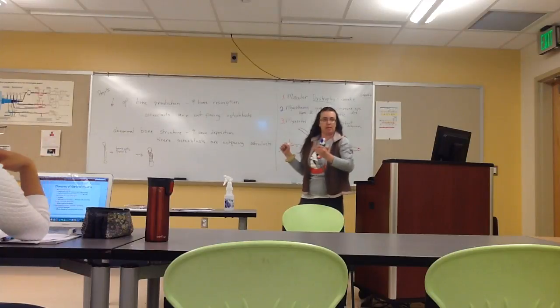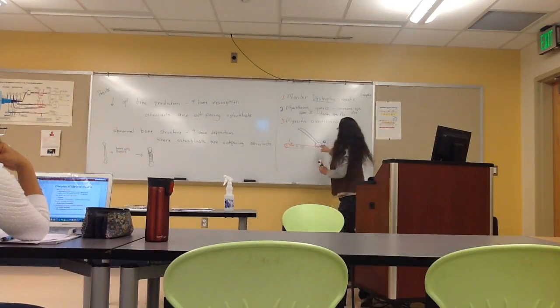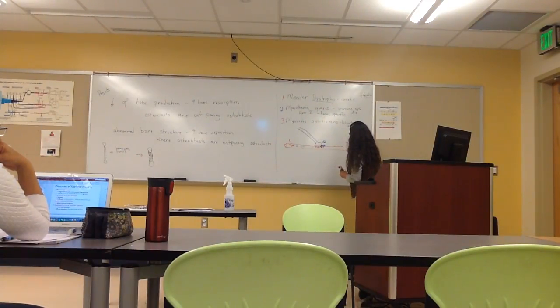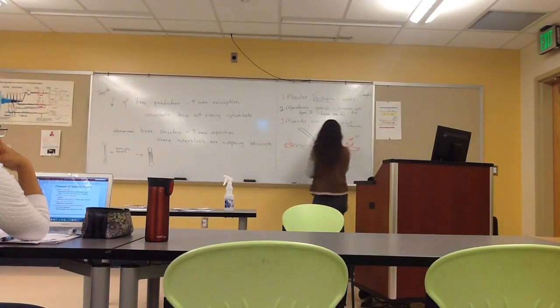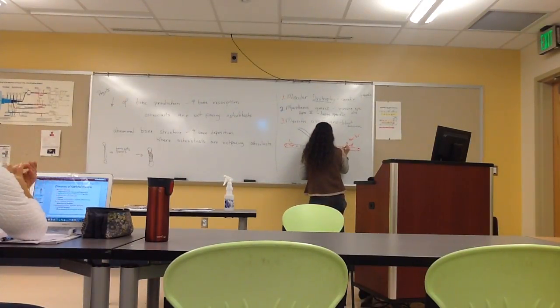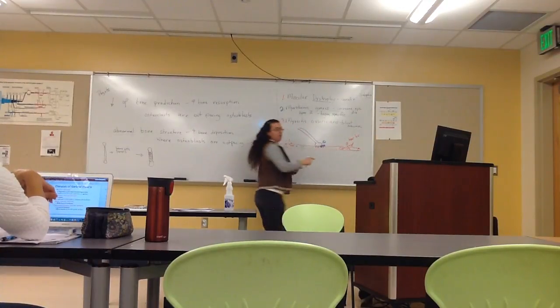So you bump up against something, you compromise this skeletal muscle, you tear blood vessels, and then blood from those torn blood vessels goes into the cell itself, and you start to get an accumulation of calcium in this muscle.